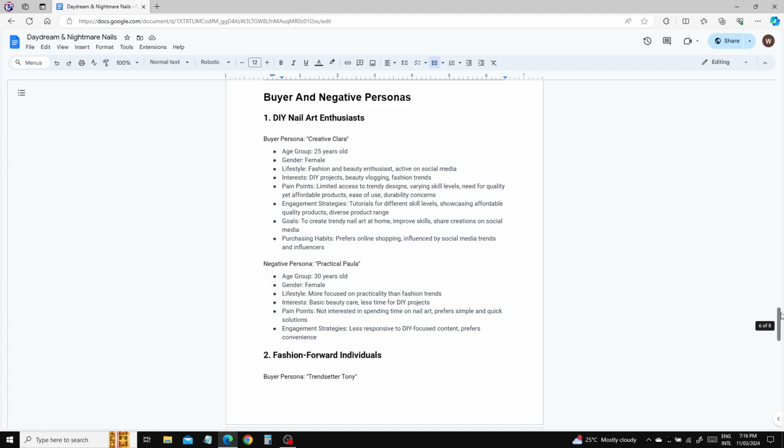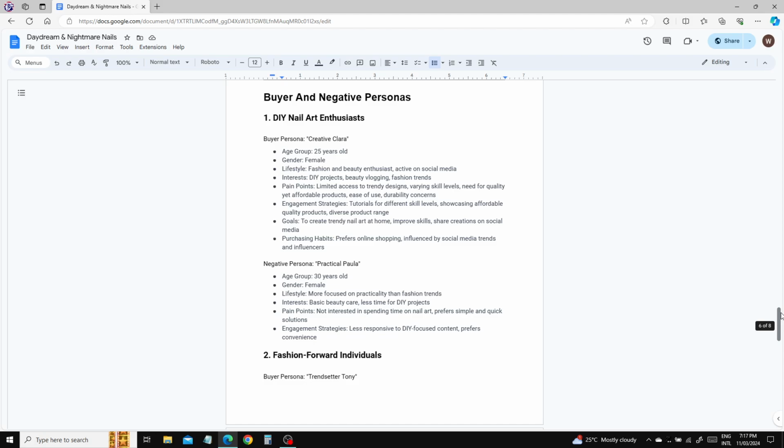The buyer persona is your ideal customer, the very perfect customer, the one that every marketer drools over. They want this person to be associated with the brand. They want them wearing everything that has to do with the brand because they know that this is the person that's going to buy and they're going to be consistent buyers. You want this information so that you know how to target your audience, how to write to them, how to make it sound more attractive to them.